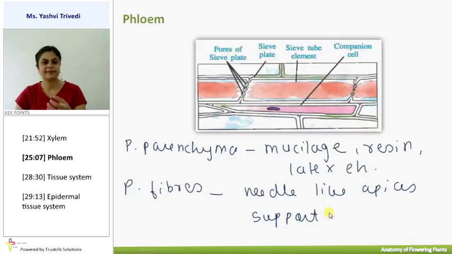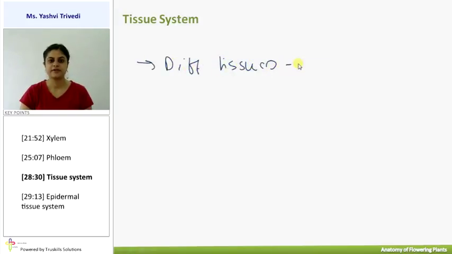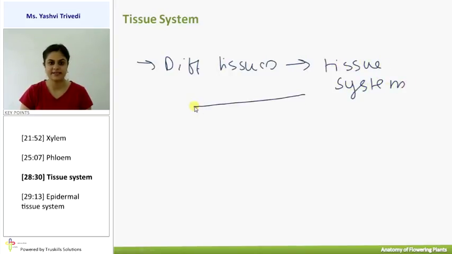Now, the different types of tissues together form a tissue system. As I said, a tissue is what we call a group of cells having common origin and function. Different tissues together will form a system called tissue system. Now there are three main types of tissue system in plants.